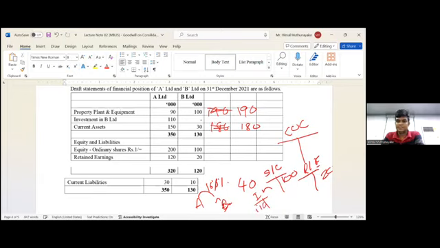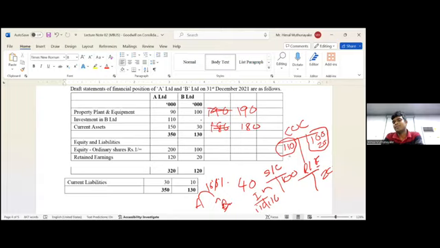So I transfer the investment amount, the share capital amount and the retained earnings to the cost of control account. Now my asset value is 120, but I'm investing only 110.